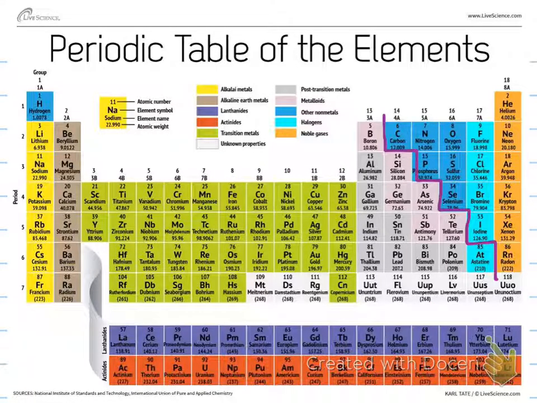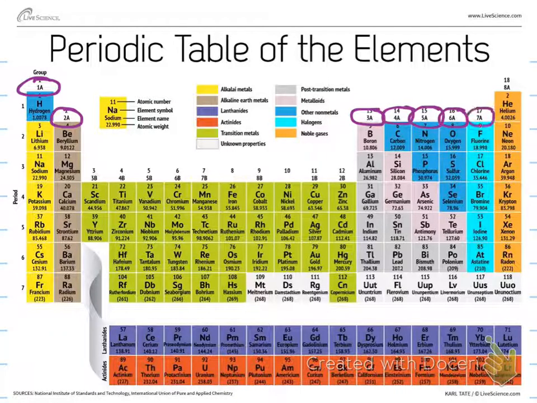So, what we're talking about here is getting 8 valence electrons. So remember, these A numbers are telling you how many valence electrons each of these groups has. Okay, so we have 1 valence electron in group 1A, 2 valence electrons in group 2A, 3 valence electrons in group 3A, and we're really talking about the metals here.